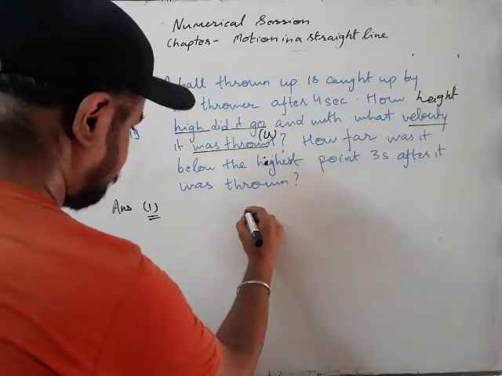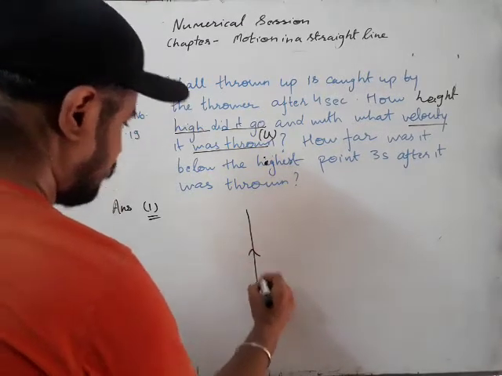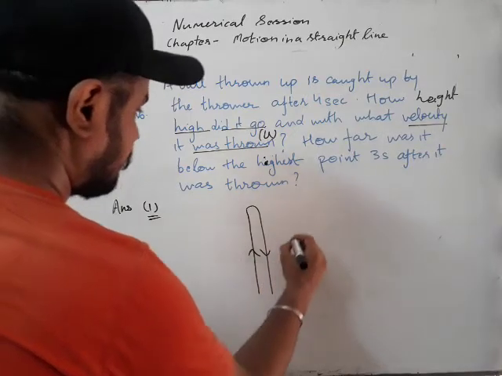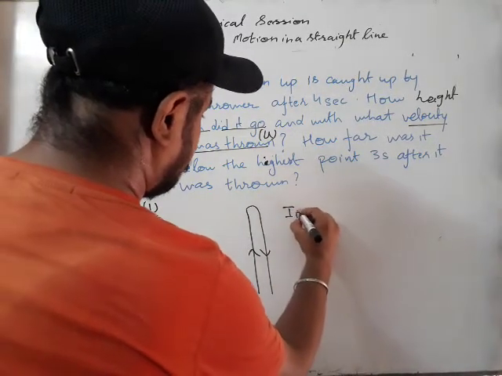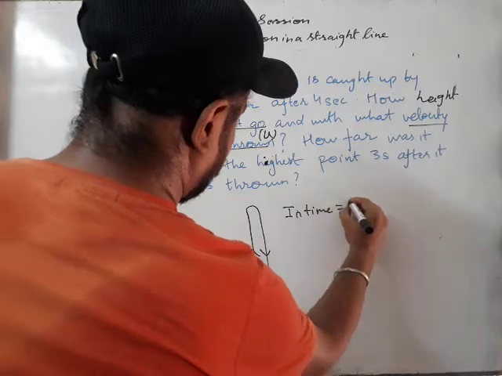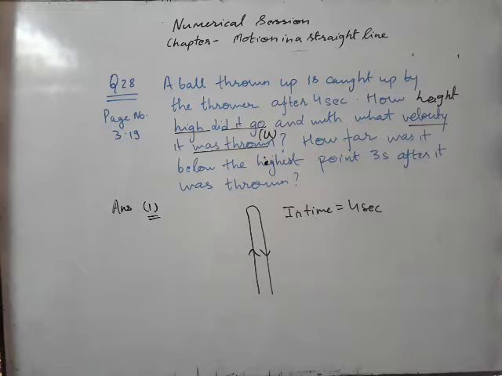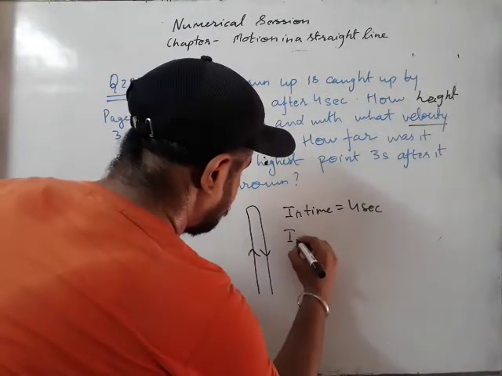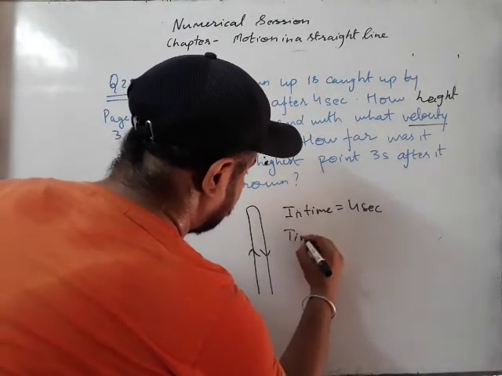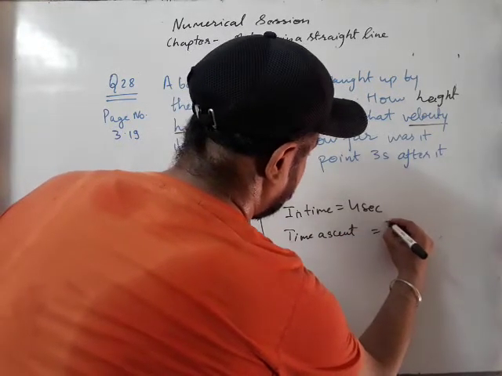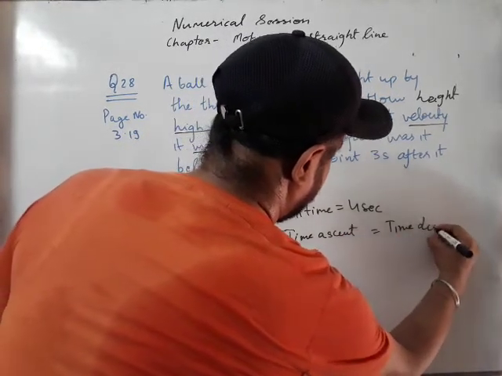Always remember that if a ball goes up and comes down in time 4 seconds given according to the question, time of ascent is equal to time of descent.